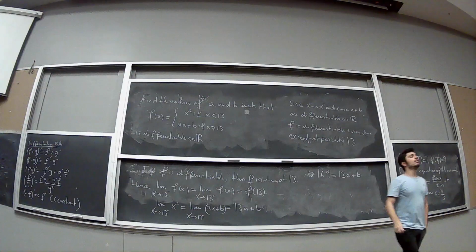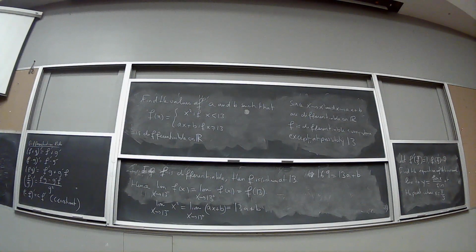Okay, great. Now, if I have f to be differentiable, what does it mean for f to be differentiable? That the limit of f of x minus f of 13 over x minus 13, what can I say about this limit?